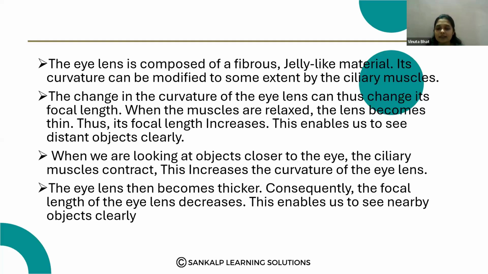Thus, its focal length increases. This enables us to see distant objects clearly. When we look at objects closer to the eye, the ciliary muscles contract. This increases the curvature of the eye lens. The eye lens then becomes thicker. Consequently, the focal length of the eye lens decreases. This enables us to see nearby objects clearly.